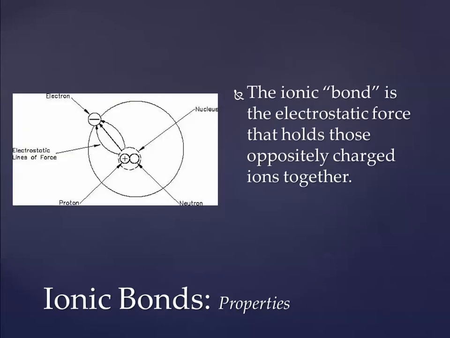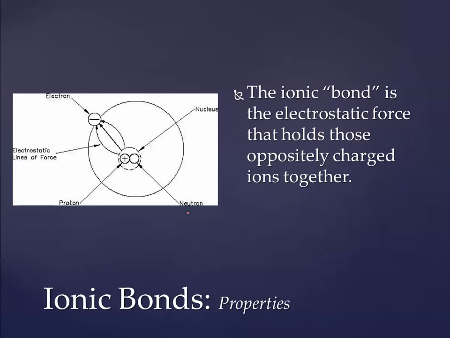All right, so an ionic bond is the electrostatic force that holds oppositely charged ions together. Now, an electrostatic force is the force between particles that's caused by their electrical charges. So if the two charges have the same sign, like a positive and a positive or a negative and a negative, the electrostatic force between them is going to be repulsive. They're going to repel.